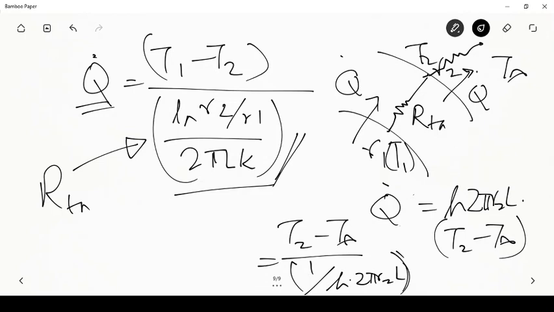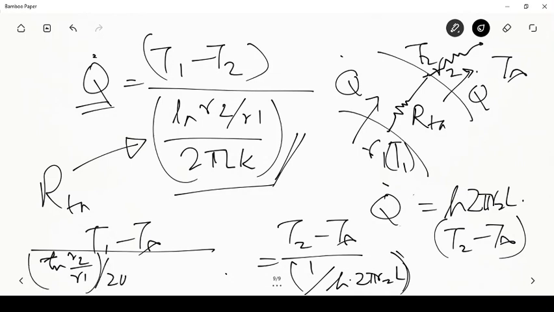Now q dot is equal to this and also equal to this, and that will also be equal to (T1 minus T infinity) divided by log(R2 by R1) by 2 pi Lk, plus 1 over h into 2 pi R2 L. So that is the third expression that you get.